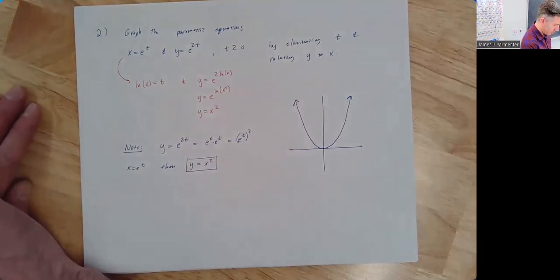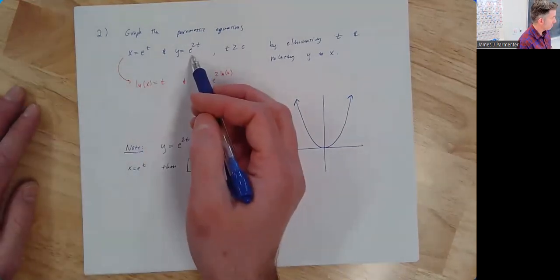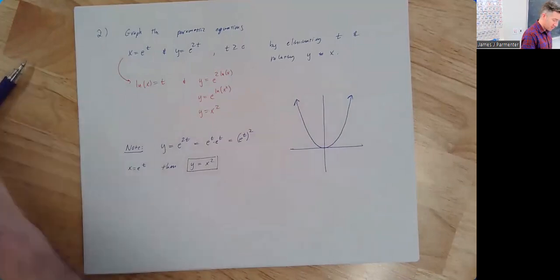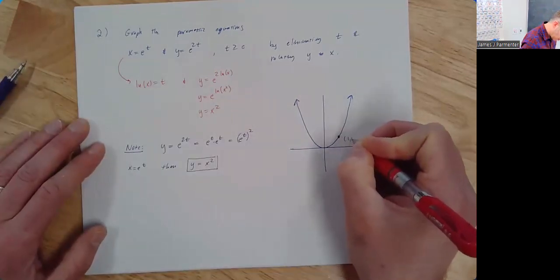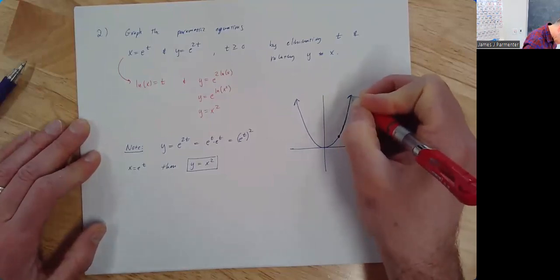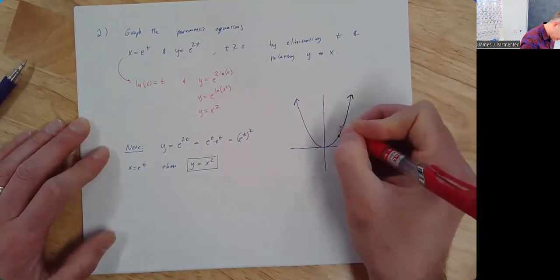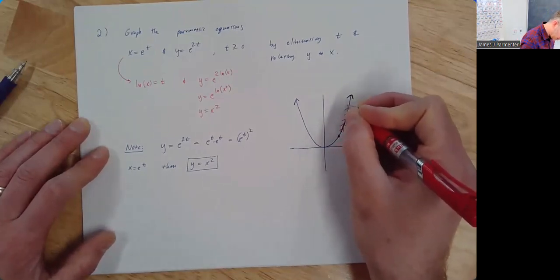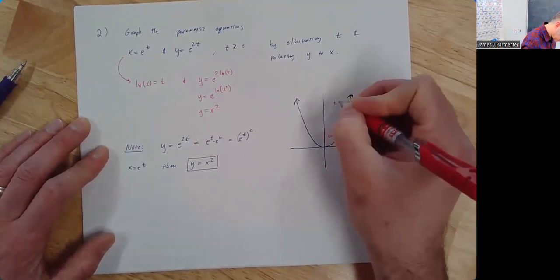Well, if t is 0, what's x? Yeah, what's y? Also 1. So really, starting at the point 1, 1 is going to give me that part of the graph. And this is the direction in which time increases. So here's time equal to 0, and here's time equal to bigger numbers.